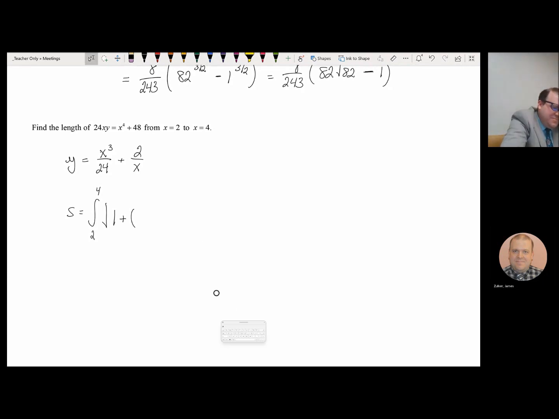Here for 24 x squared plus 2 ln. First term you can simplify. Second term you did an antiderivative.